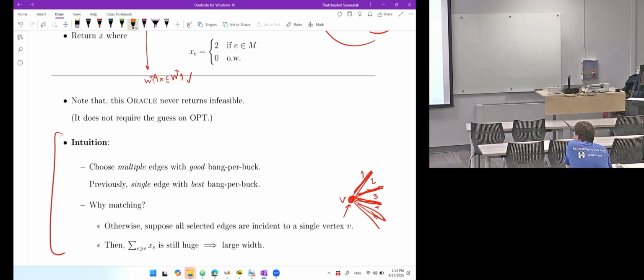And you see in the homework that there are nice applications of oracles with small width. From here we get a fast algorithm for maximum matching, but in the homework you see how to get a distributed algorithm for approximate matching.